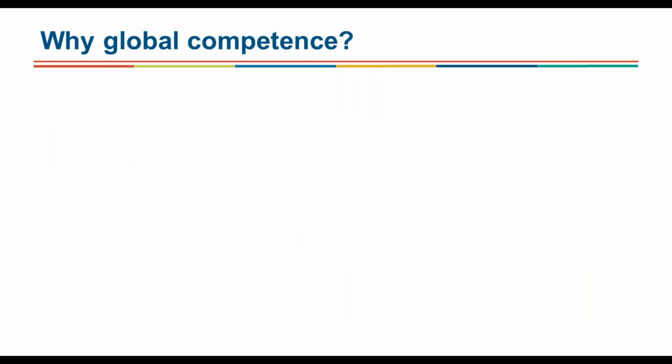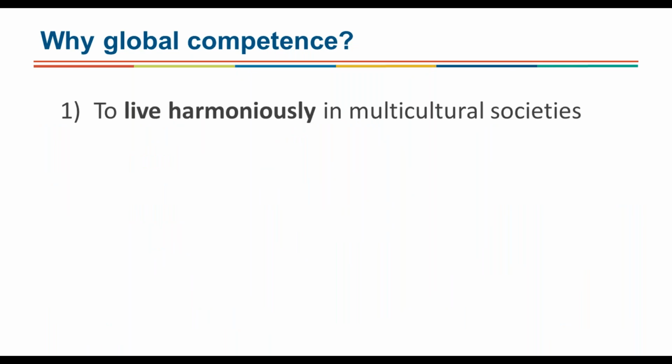In terms of why we've decided to assess global competence, there are really 4 main reasons that we think global competence is important. The first is that contemporary societies call for complex forms of belonging and citizenship. People are having to interact with ideas, people, and regions that are very different to their own.